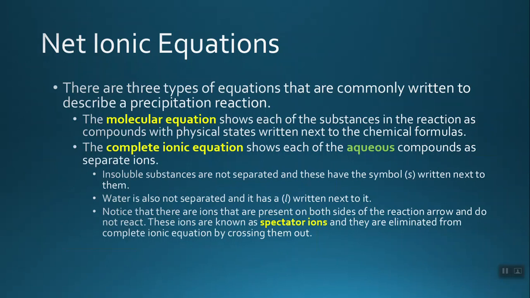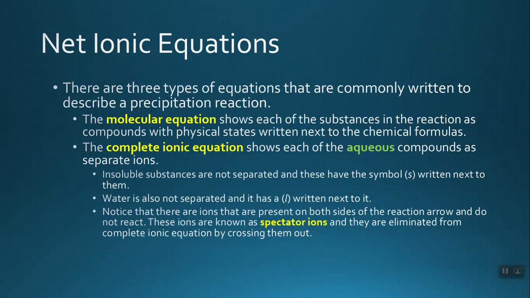The second equation would be a complete ionic equation, and that shows each of the aqueous compounds as separate ions. We practiced this in our previous video when we were talking about our compounds dissociating. In this, we're going to see all the aqueous compounds dissociate, so all the ions separate.